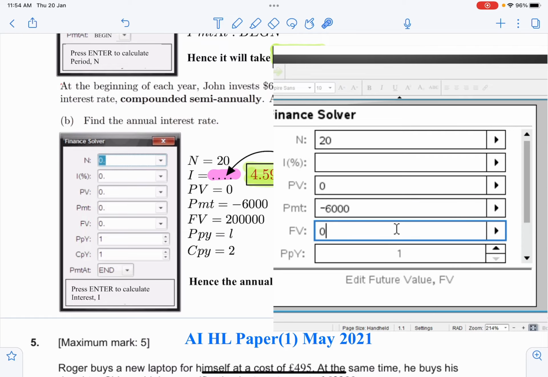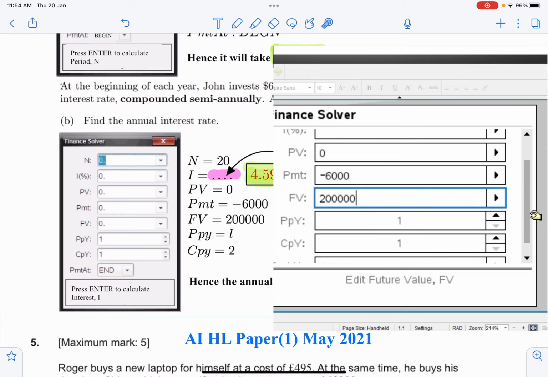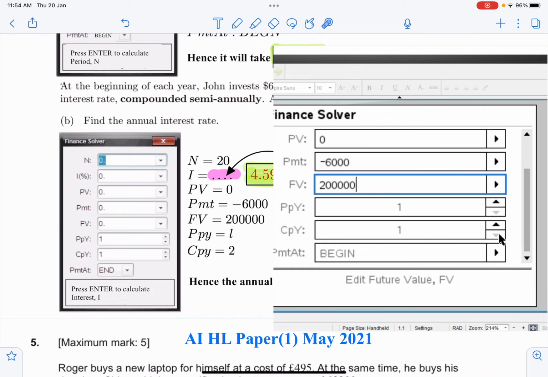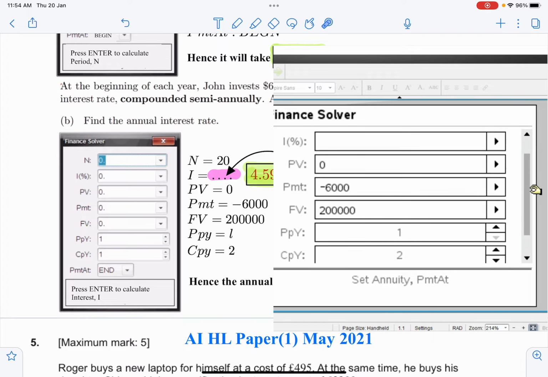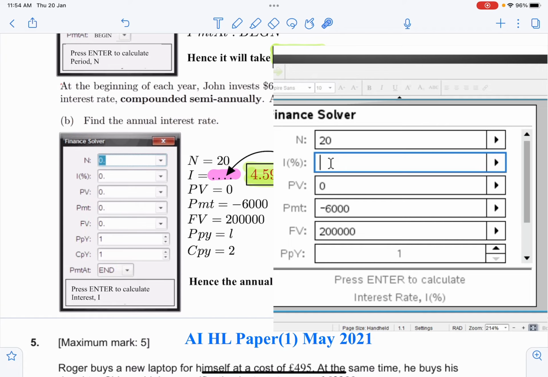FV, future value, we want it to be 200,000. PPY 1 we will keep. CPY should be 2. And every beginning of the year he is investing, so we keep it there. Bring the cursor at I and hit enter.